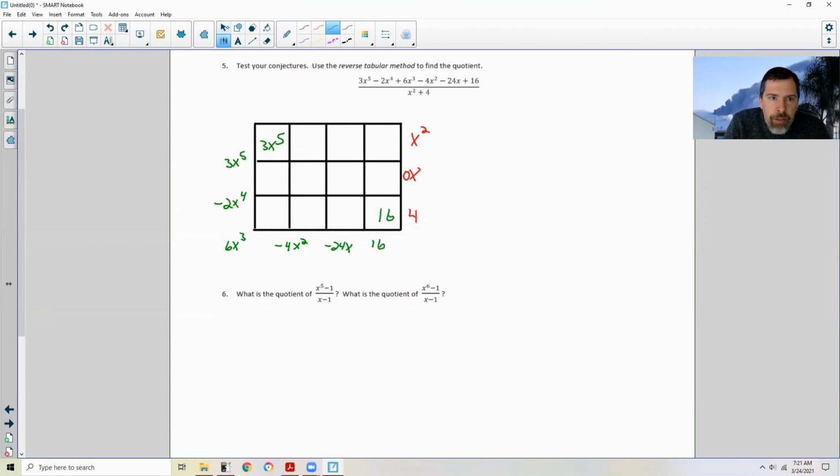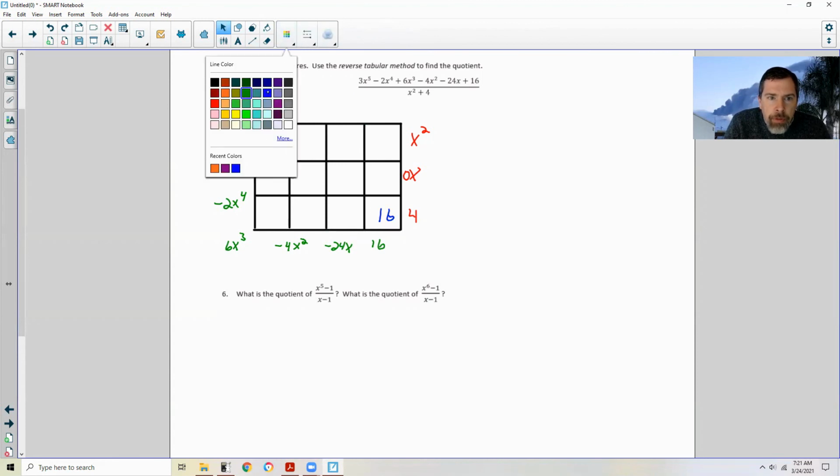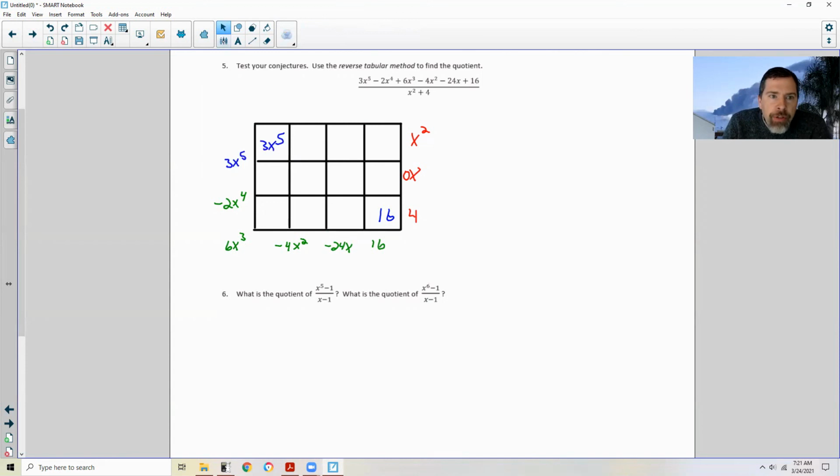And let's change the color inside so we can decipher what these all are. Let's make them blue. Okay, so there's our starting point right there. The first term and the last term give us those corners, and that gets us started. 16 divided by 4 will give me 4. 3x to the 5th divided by x squared is 3x to the 4th.